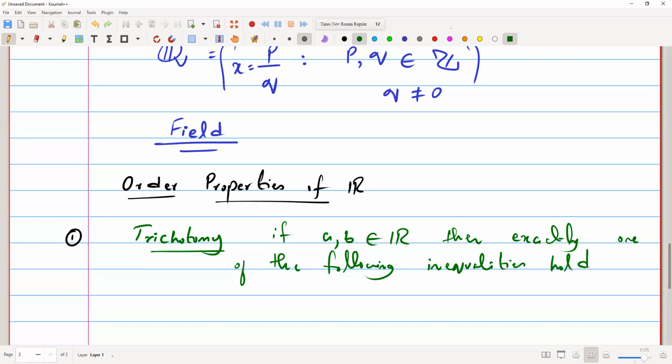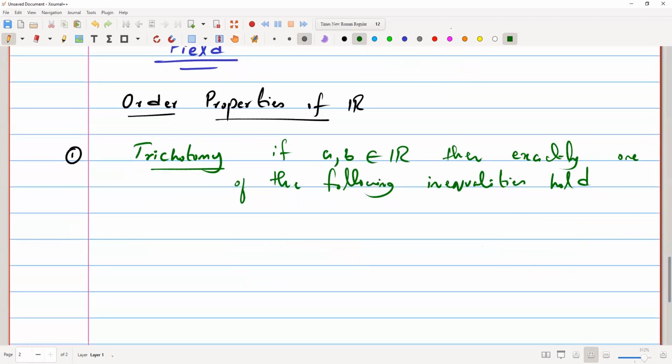So if a and b belong to the set of real numbers, then this will happen. Either a will be less than b, or a will be equal to b, or a will be greater than b. There is no other choice other than these three choices, right? This is the first property, that is the trichotomy property.